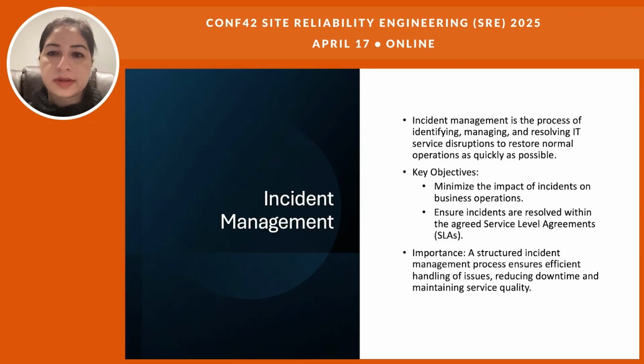Incident management is the process of identifying, managing, and resolving IT service disruptions to restore normal operations as quickly as possible. Think of it as the emergency response team for your IT infrastructure. But let's not confuse incidents with requests.